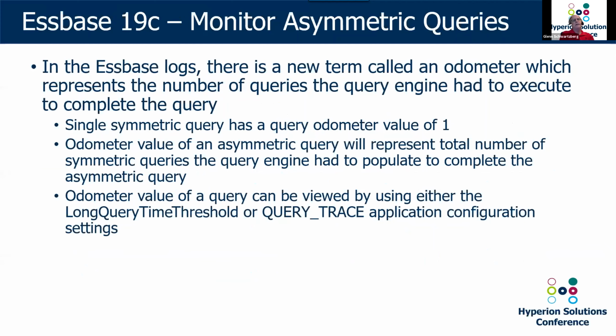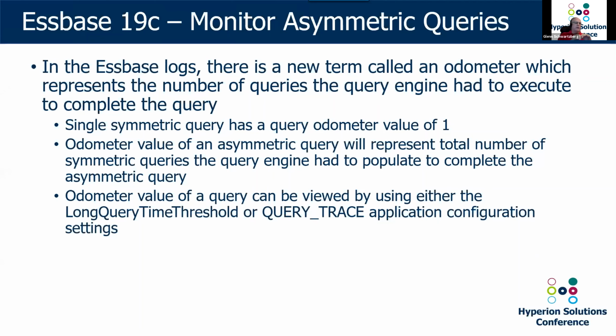One of the ways that you can actually see this is in 19C, there's a new term called an odometer, which represents the number of queries that the query engine had to execute to complete the query. A single query is going to have a value of 1. And an odometer value of 500 means that it had 500 little grids that it had to bring back in order to do that.